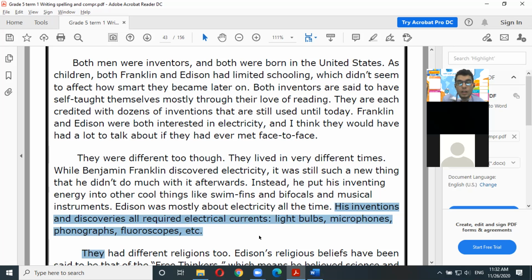So there's another difference here, Yassine, between Benjamin Franklin and Edison. What else is different here? This here talks about Franklin. The discoveries required electrical currents.